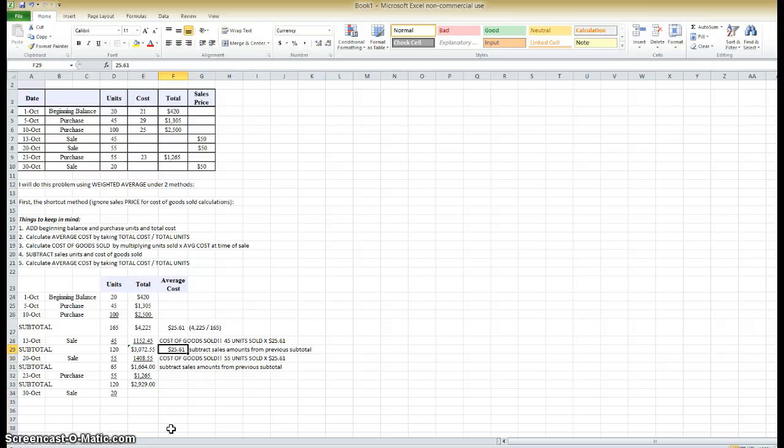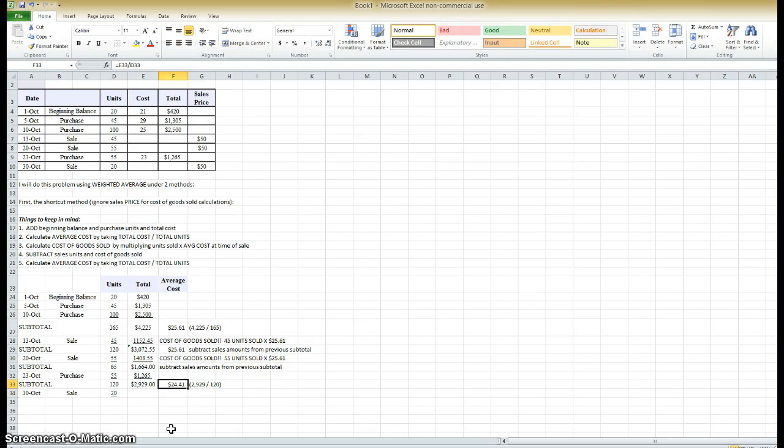We also get to calculate a new average cost here. So we'll take the total divided by the units. For a total of 120 units, giving us an average cost of $24.41.